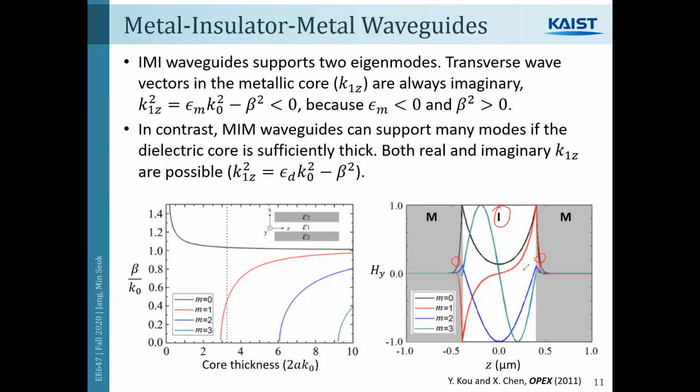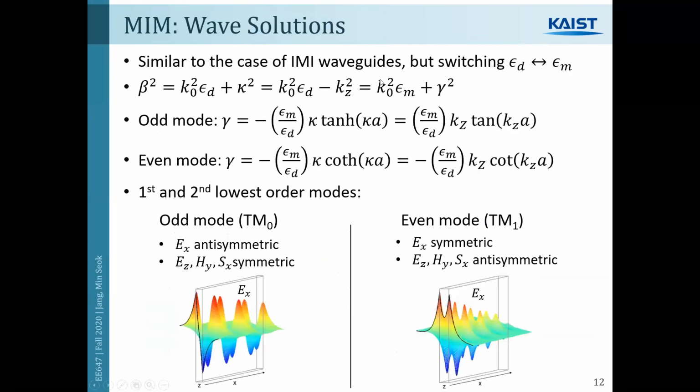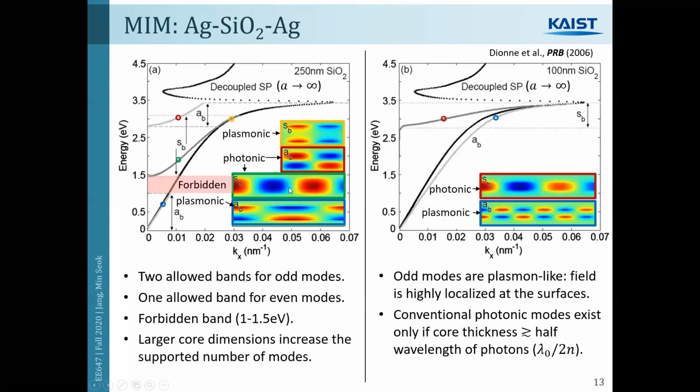How do you solve this? The way you solve it is actually the same. Similar to the previous case, you first satisfy the wave equation, set the ansatz of the mode, the odd mode and even mode, and then apply the boundary conditions and solve it. The process is exactly the same.